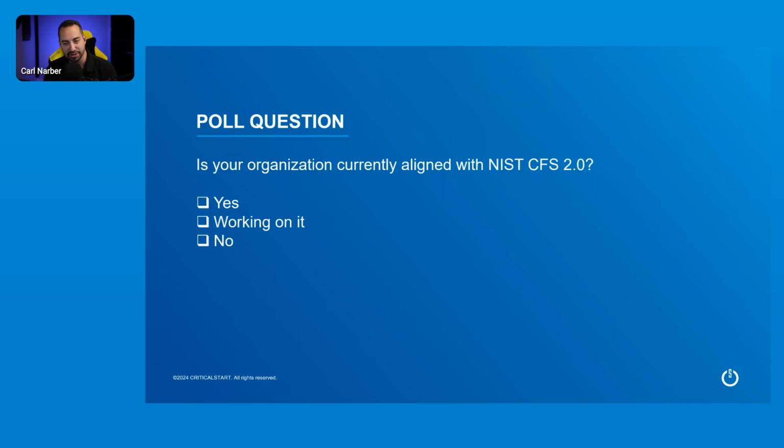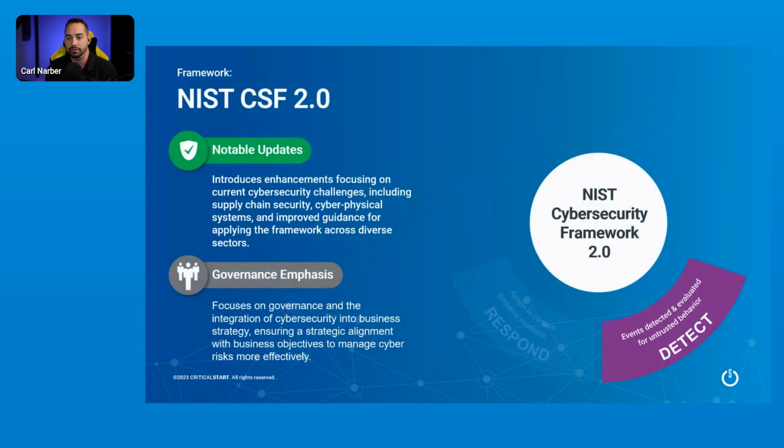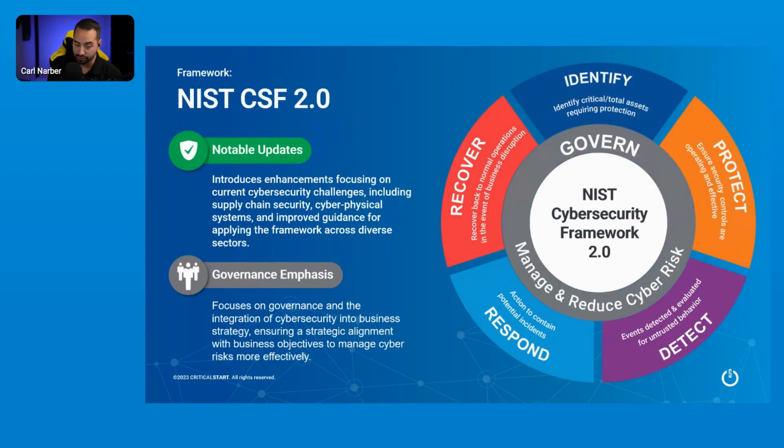So it is very new, but it's very important because from an MDR perspective, it's bringing in a lot of information that everybody needs to be aware of. What is that information? Well, really, it's important because it's not just detect and respond anymore. Now we're looking at that recovery piece, right?